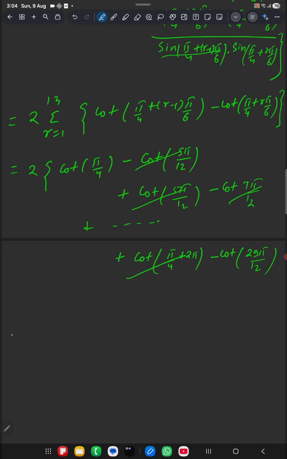Okay, so you will be left with only twice of cot pi by 4, means 1, minus cot 29 pi by 4.